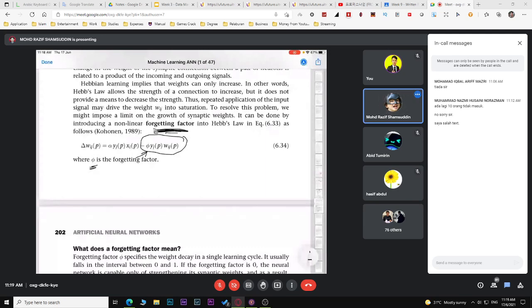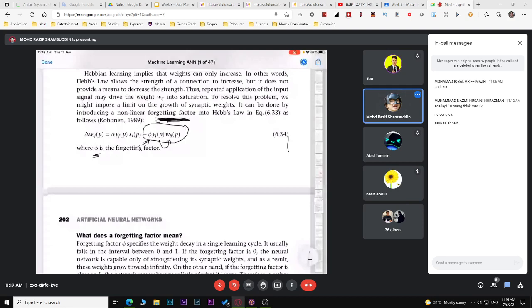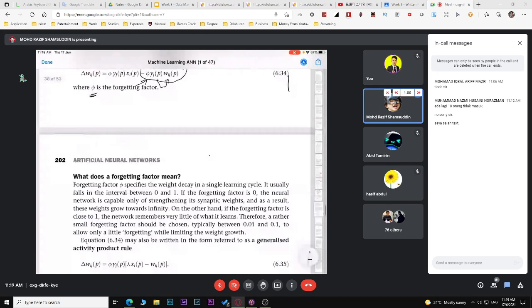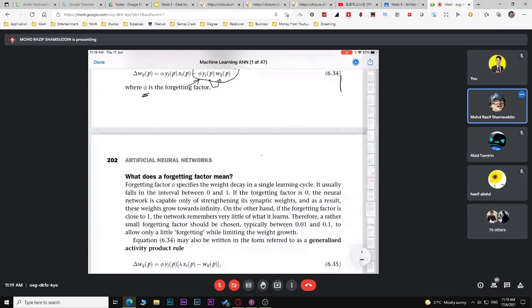Okay. So this is phi. Alright, so the phi symbol is the forgetting factor of the weight calculation lah.